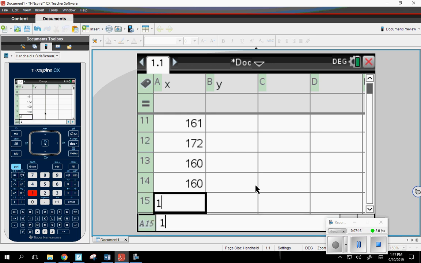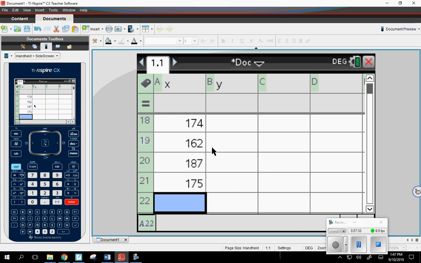Okay, then we got 167, 171, 170, 174, almost there, 162, okay, then 187, and 175. Okay, there are my X's.